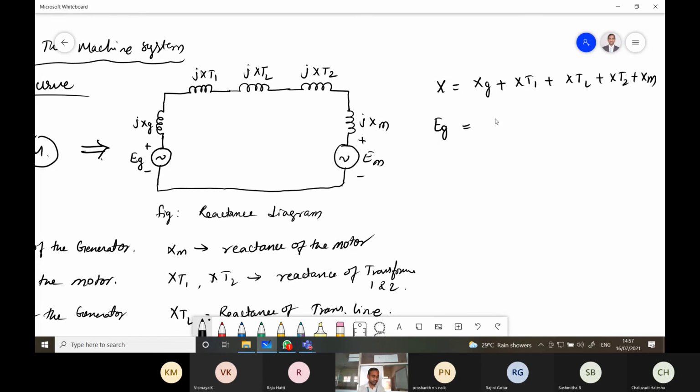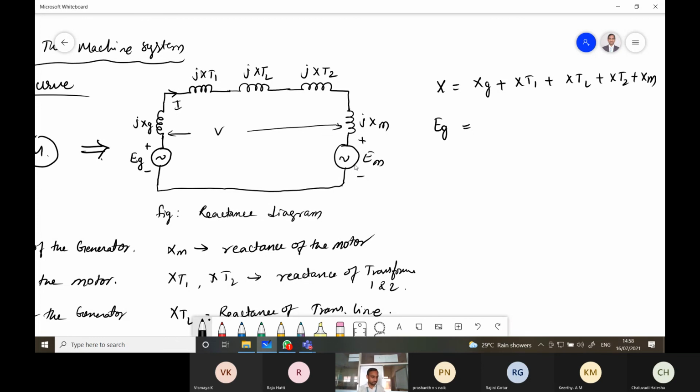And Eg can be written as, so the current I is flowing here. There are two voltages. The current flows through this, and there is a voltage drop across all the reactances, here to here.